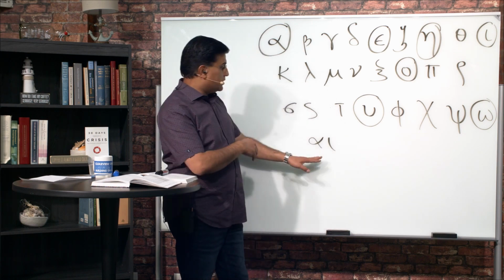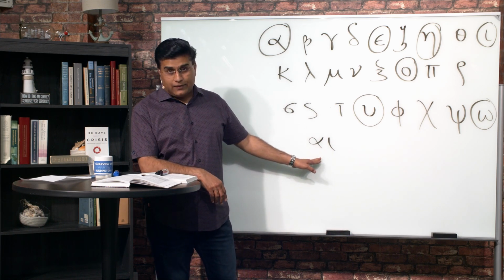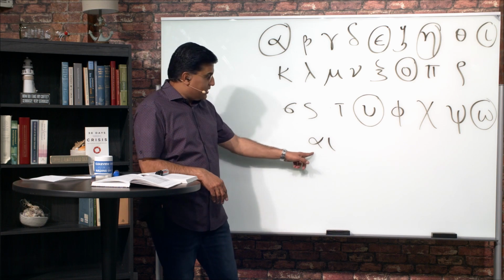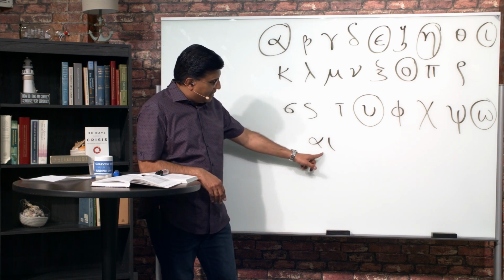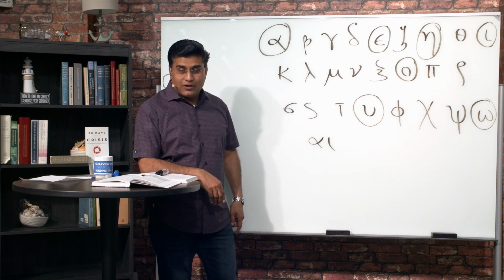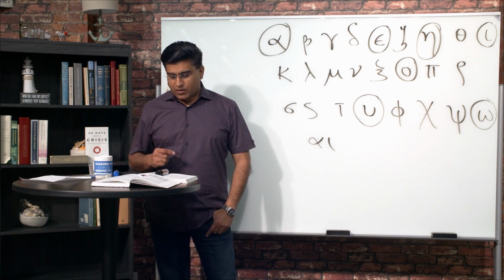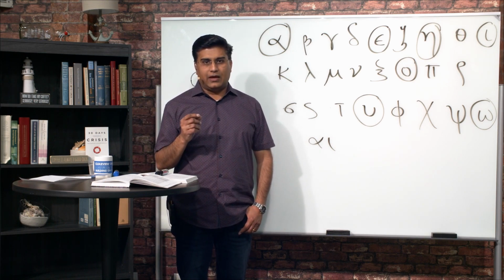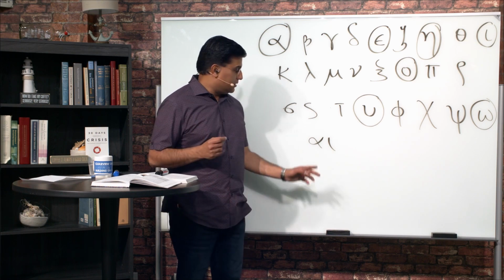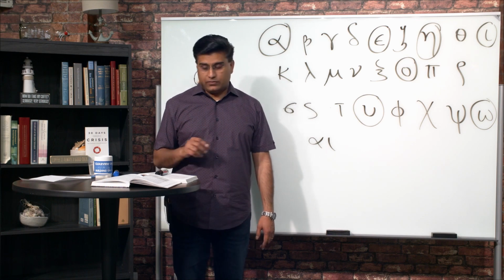Under the Erasmian pronunciation, it is I as in isle. You see how easy it is for us to remember that? But how is it under the Koine and the modern pronunciation? It's like E in get, or egg. That's an E sound rather than an I sound.